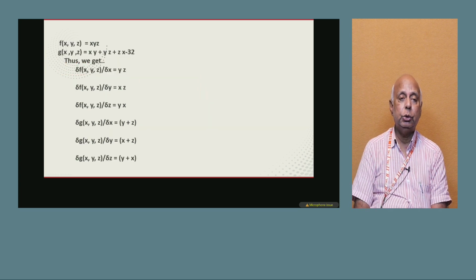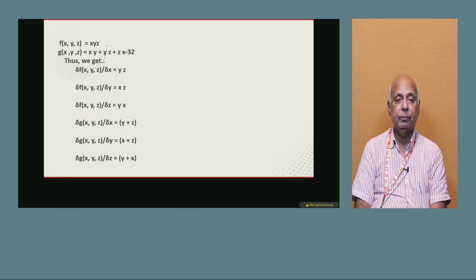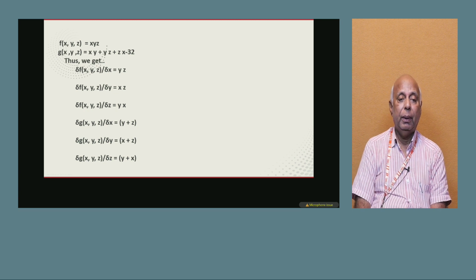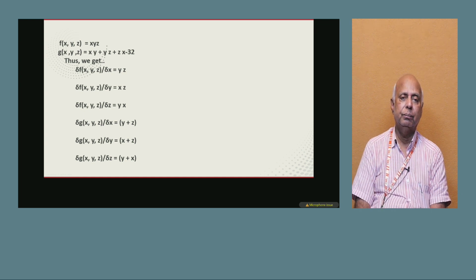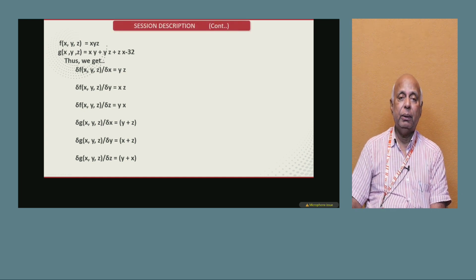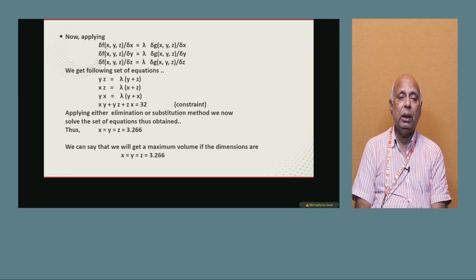So now what we need to do is, f is to be optimized subject to the condition. We have only one condition, which we call g. So as usual, the partial derivatives of f with respect to x, y, z are to be obtained. Similarly, the partial derivatives of g with respect to x, y and z are to be obtained. And just like in the previous problem, we apply the conditions here.